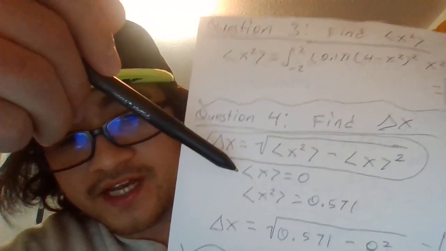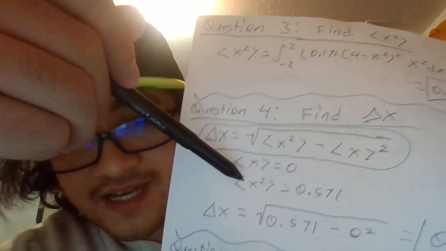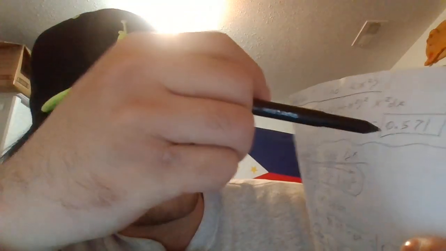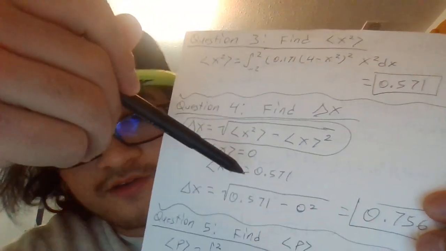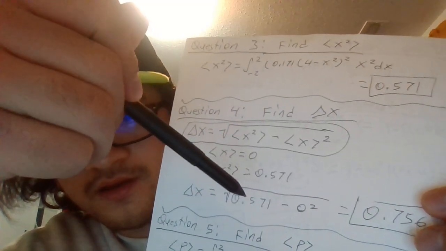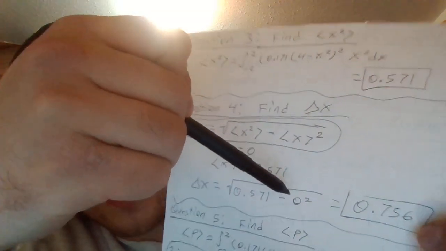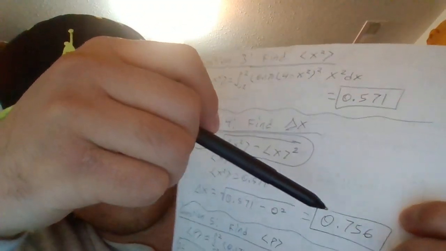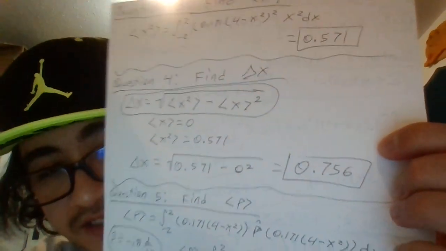We already found that the expectation value of x is 0, and the expectation value of x squared is 0.571. So you plug that into the equation. It's pretty simple: the square root of 0.571 minus 0 squared equals 0.756. So that's the answer to question 4.